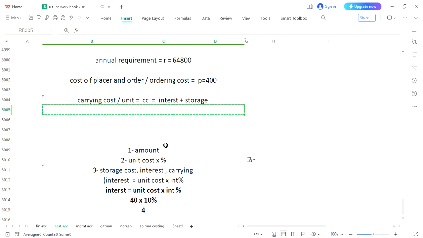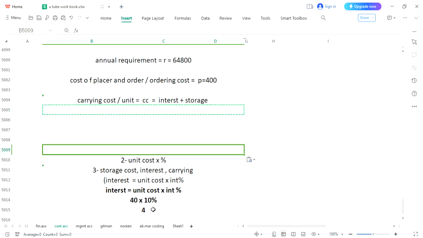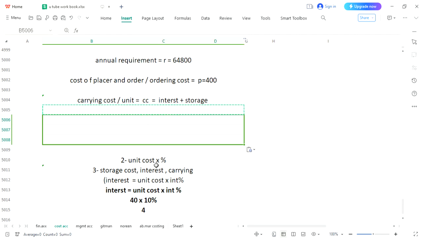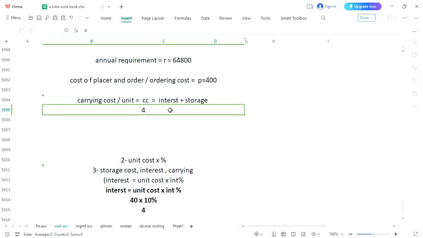The interest we have calculated over here is 4, and we can put this 4 at this stage, and you need to add your storage cost. And the storage cost given in the question is 5.